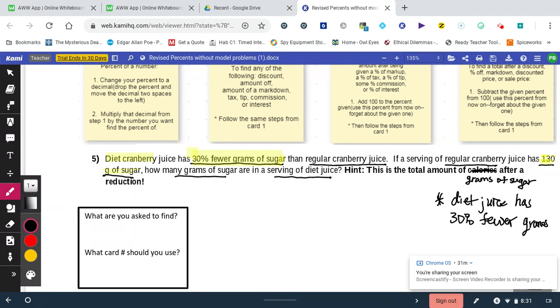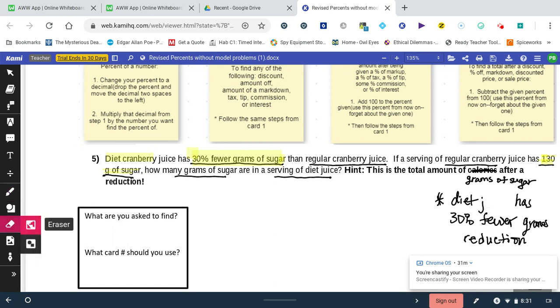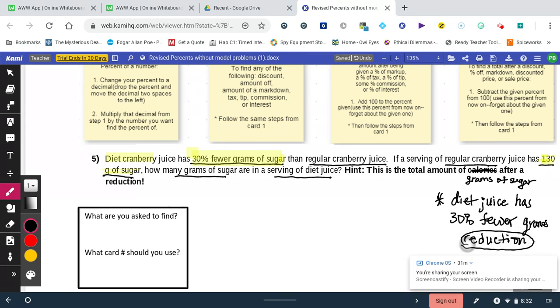So this is a reduction. I don't know why my pen is writing like this. Okay, so I'm going to erase juice because juice doesn't look like juice. I don't know what it looks like. So diet juice has 30% fewer grams. So this is a reduction in the normal amount.